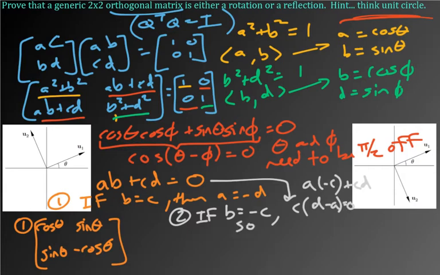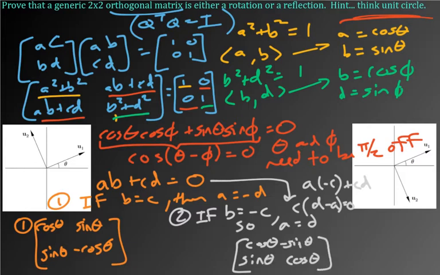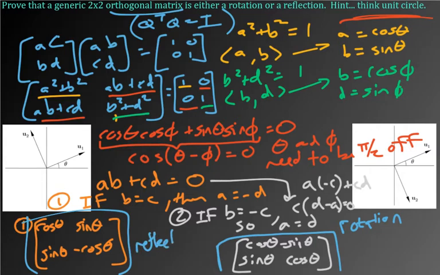So here A just needs to equal D. In that case, the matrix you get has cosine in the top left and cosine in the bottom right, and then B and C are off by a negative, so you have sine here and minus sine here. Hopefully, because we've seen it before, you know that this one is your rotation matrix, and the other one is a reflection matrix, okay?